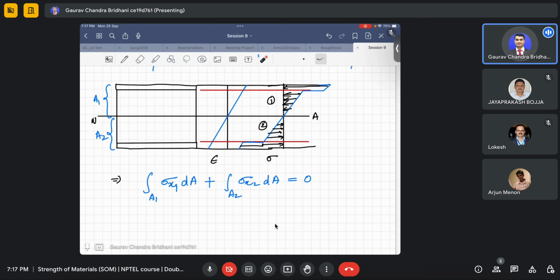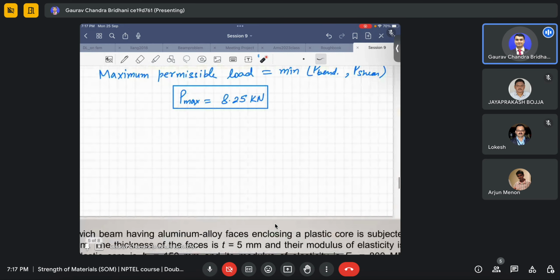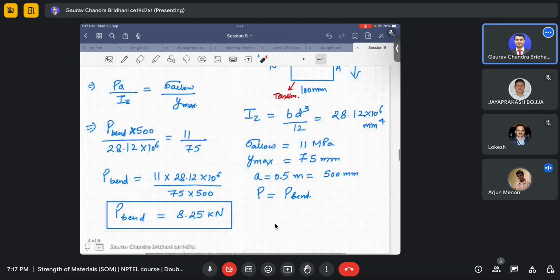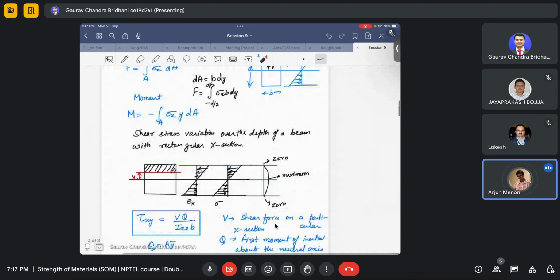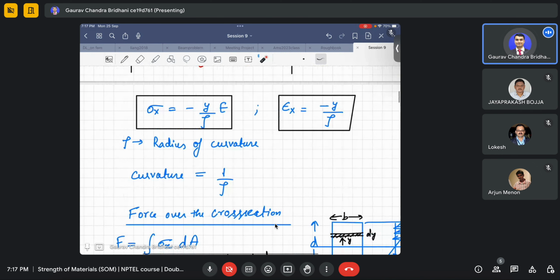Yeah, so that is what. You remember how sigma will vary. Here, you see, I have already incorporated that. As soon as I put this, for A1, y will remain positive, y will not change, and it will vary from 0 to h by 2.